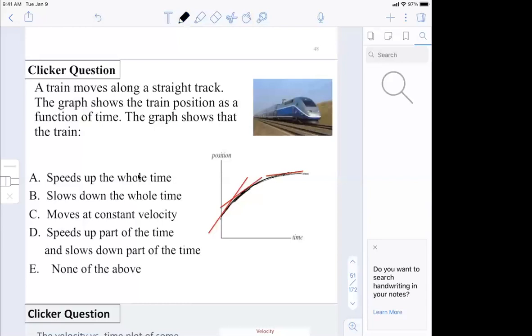I want to ask you, what can you say about the speed of the train? So I'll let you take a look at this and do a quick vote.